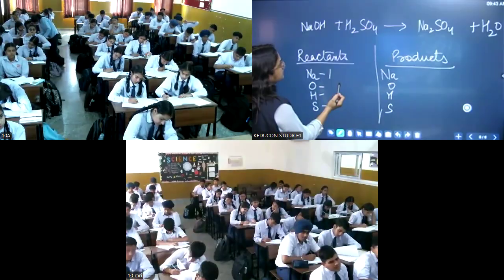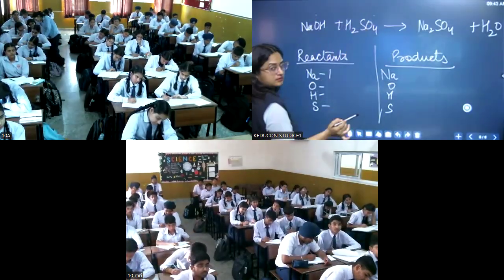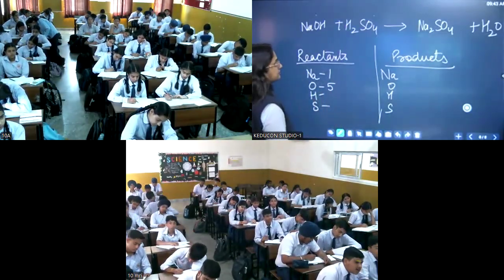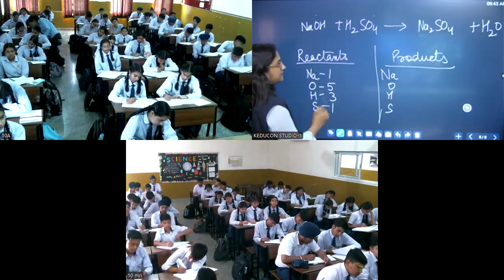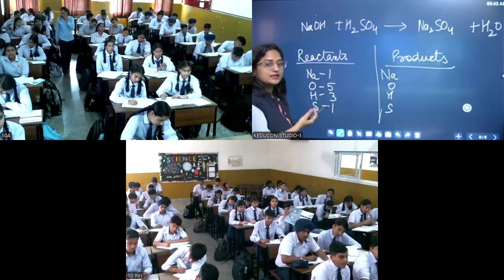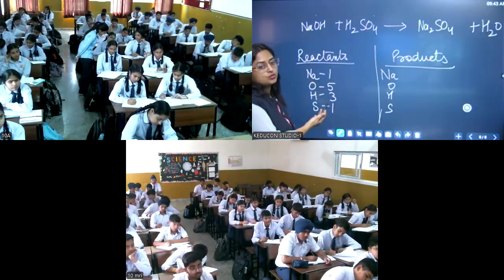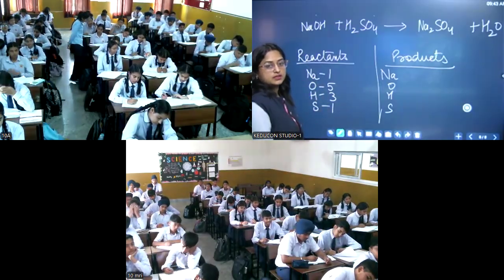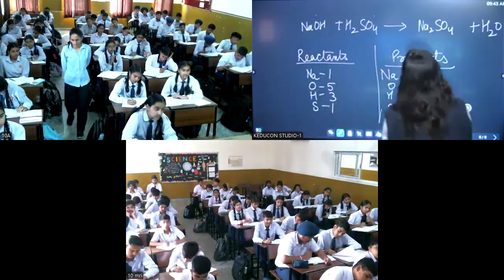Oxygen, 5. 1 here, 4 here. 5. Hydrogen, 3. Sulfur, 1. Done? Those who could not understand why the number of oxygen is 5, why the number of hydrogen is 3, you may ask. If you won't ask, then you won't understand what is going on further. Is it clear to all? Okay, come to products then.